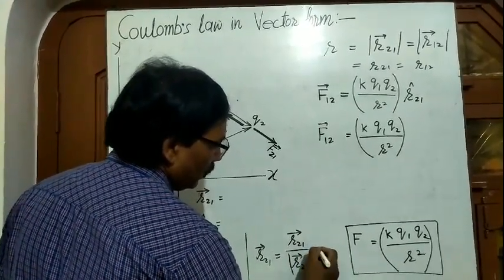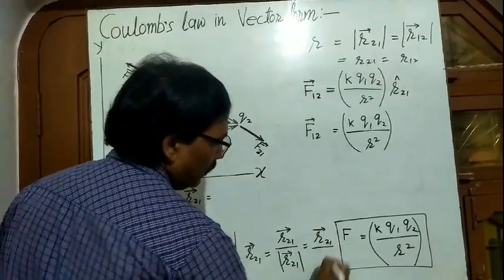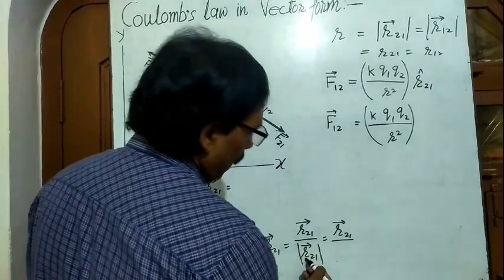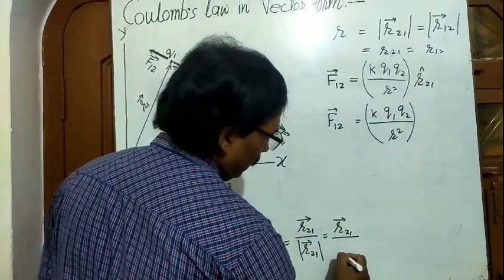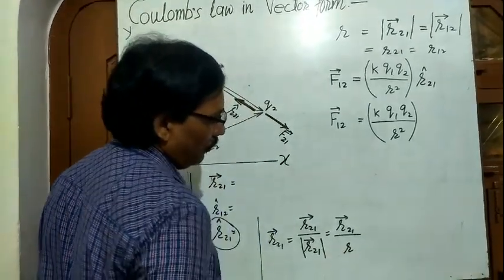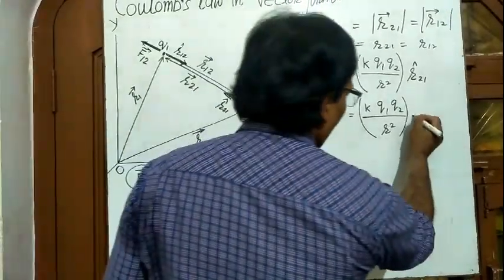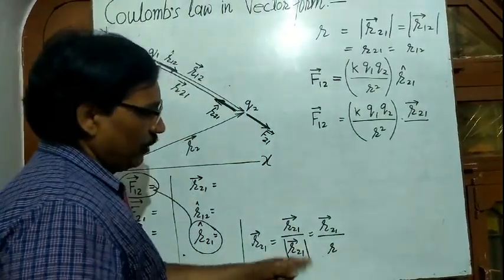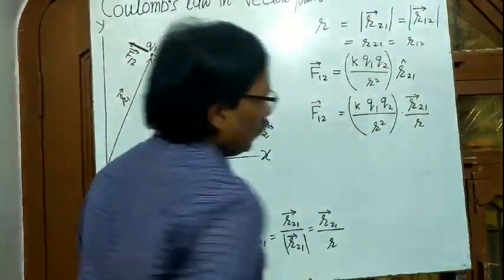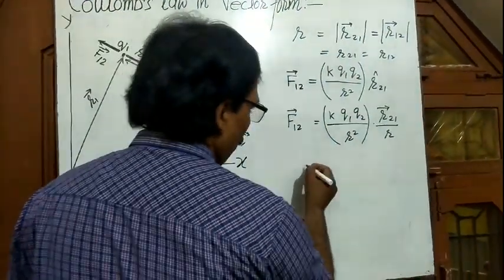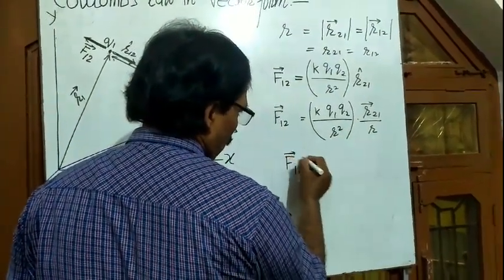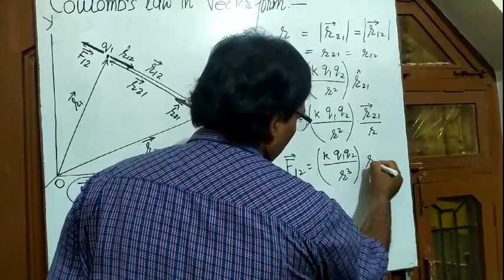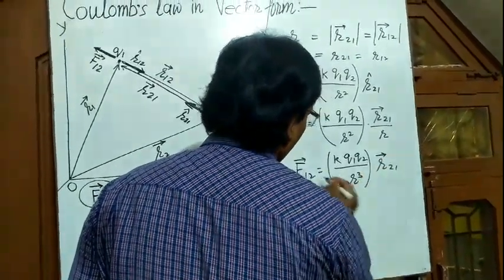The magnitude of R21 we have written is equal to R. So we can write vector R21 divided by magnitude R. So it will become F12 is equal to K Q1 Q2 by R cube times vector R21. Clear?